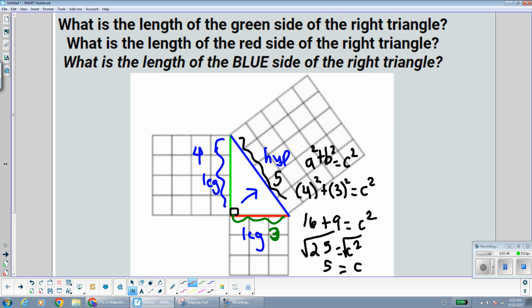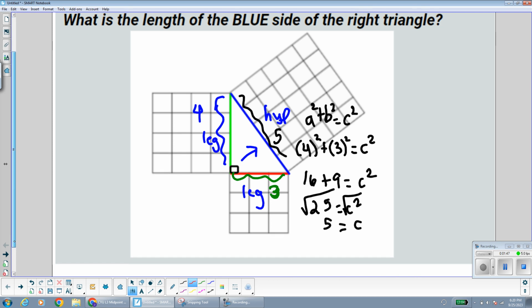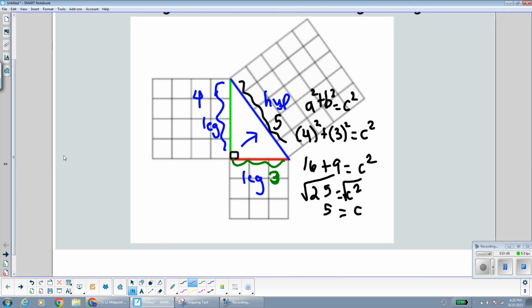Now let's take a second and think about what we did here in order to find the length of the slanted side of the hypotenuse. So one of our legs was the change in the x coordinates, because notice how we were moving along the x-axis left and right to figure out how long this red side was.